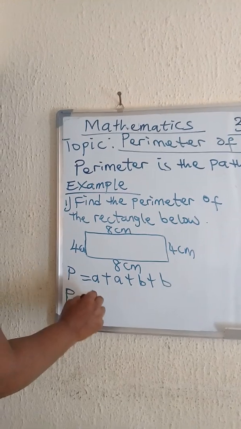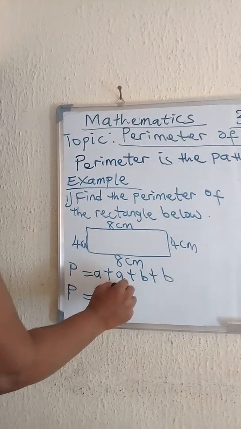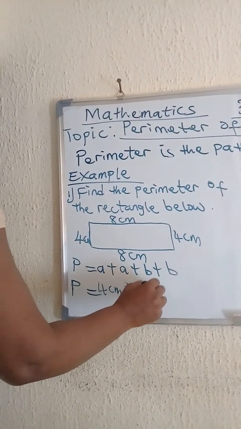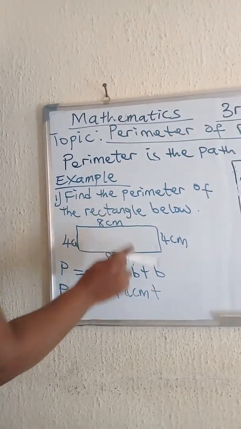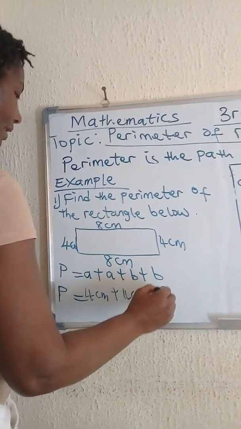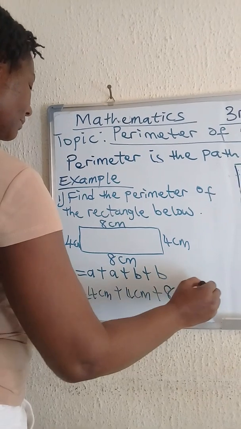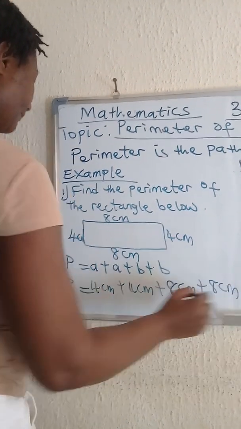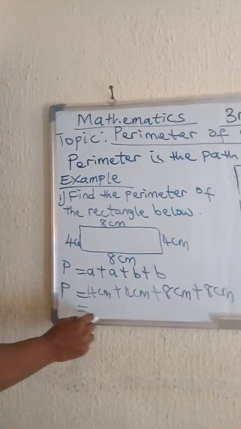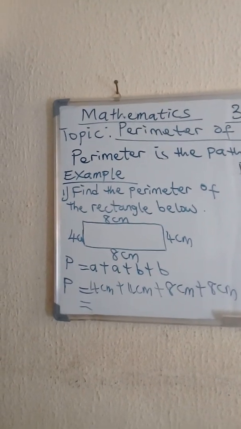So what we have there is 4 cm plus 4 cm plus the B and B, 8 cm and 8 cm. So you calculate all the 4 sides.